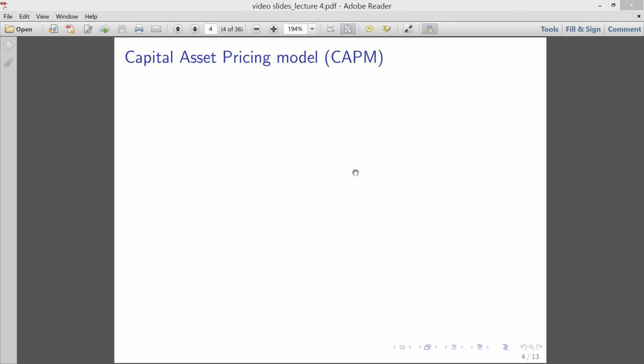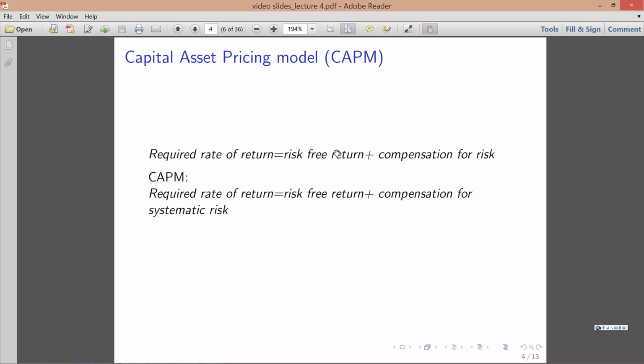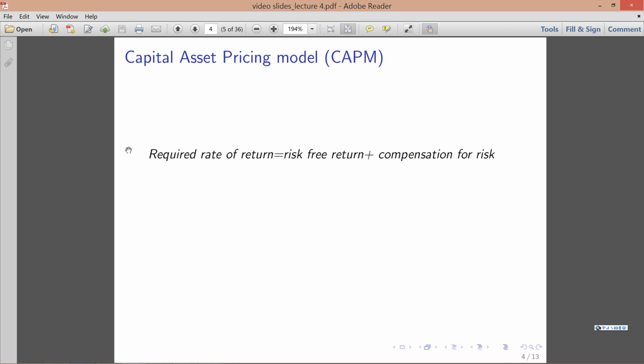So now, what is CAPM about? We've talked about in the previous lecture that when you're investing in an asset, the required rate of return should equal the risk-free rate of return plus any compensation for risk. The risk-free rate of return covers two parts, right?